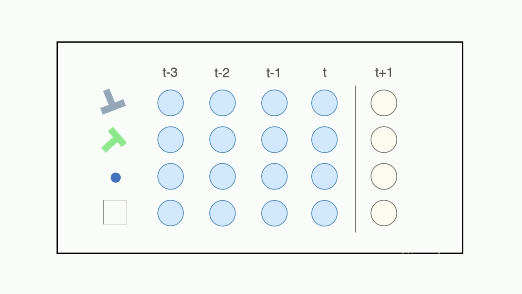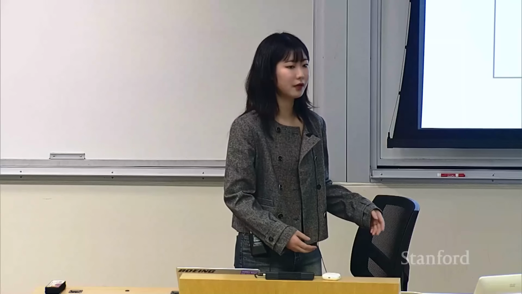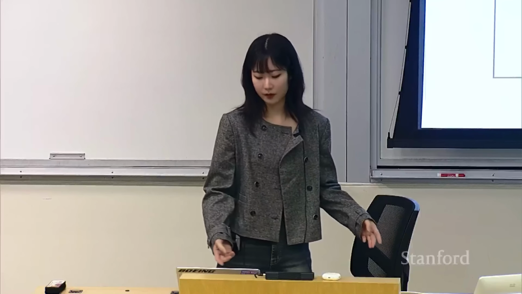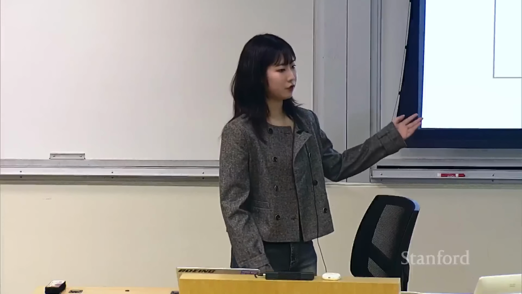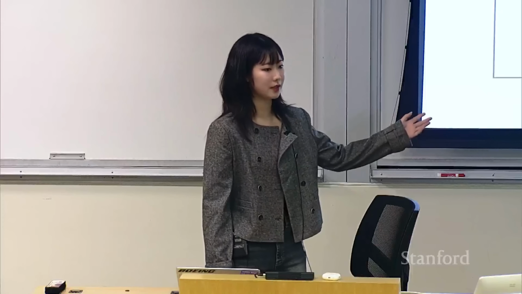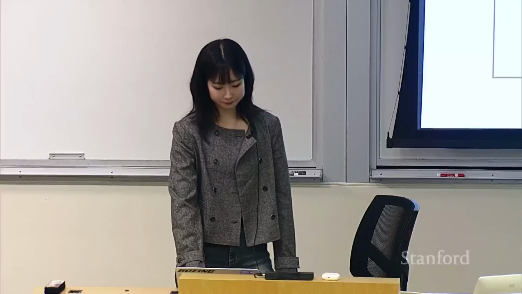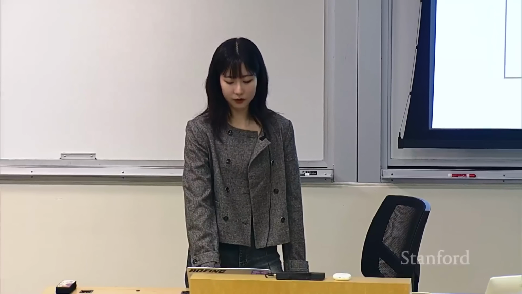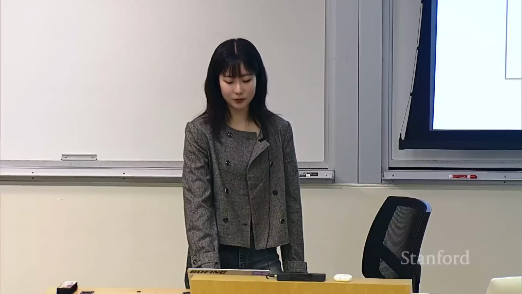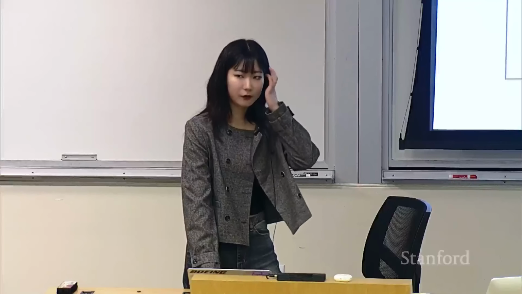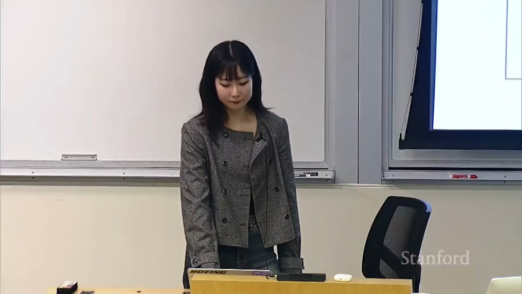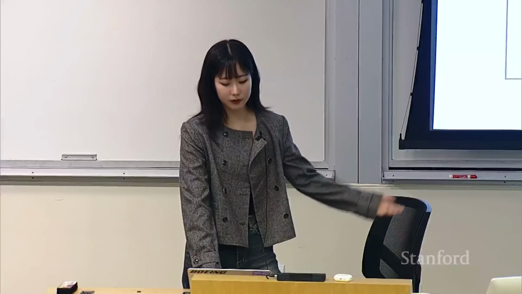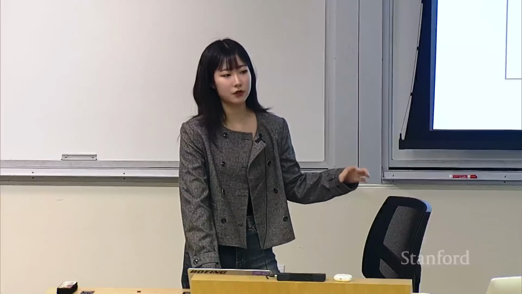But because this is not a causal autoregressive transformer, this is a bidirectional ViT-style transformer, we need a placeholder for these future tokens as well. So we use a mask token. Our goal is to predict this mask token correctly. Each row means the evolution of each object.